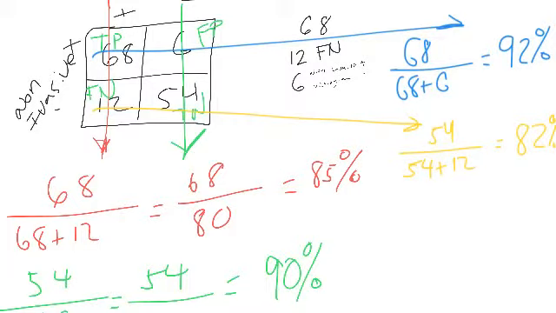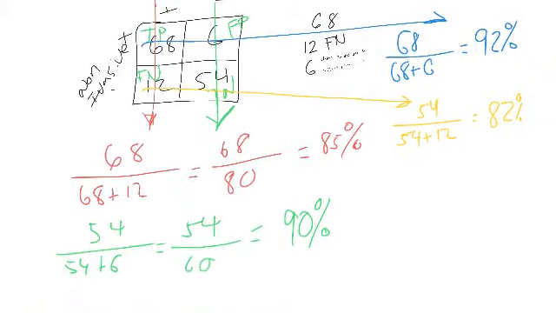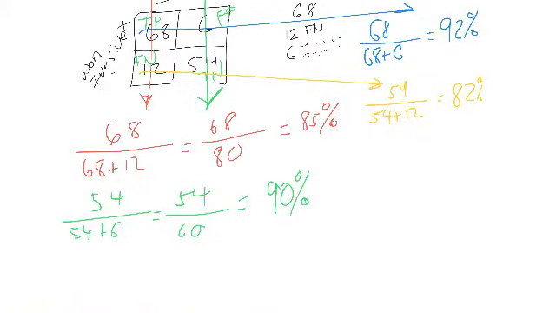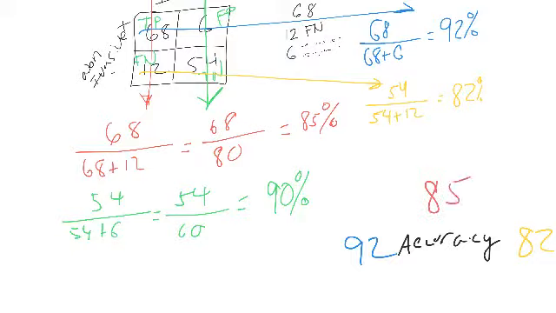All right, so we're going to take those numbers, 85, 90, 92, 90, 82, and predict our accuracy to begin with. Our positive predictive value is 92. Our negative predictive value is 82. Our sensitivity is 85.